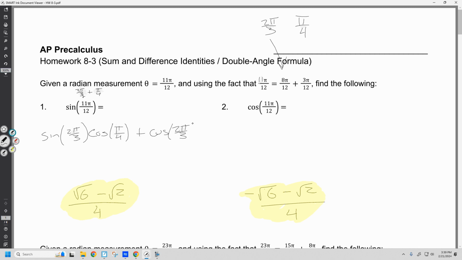Sine, cosine, cosine, sine. Cosine, cosine, sine, sine. Sine of 2 pi over 3 is root 3 over 2. The cosine of pi over 4 is root 2 over 2. The cosine of 2 pi over 3 is negative a half. Don't screw that up.